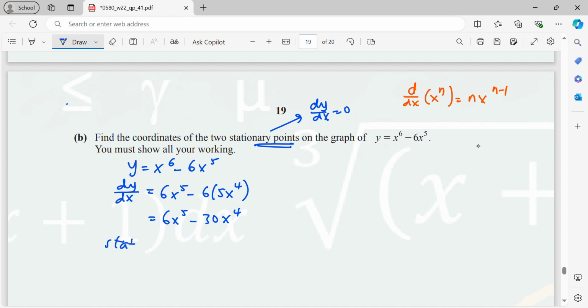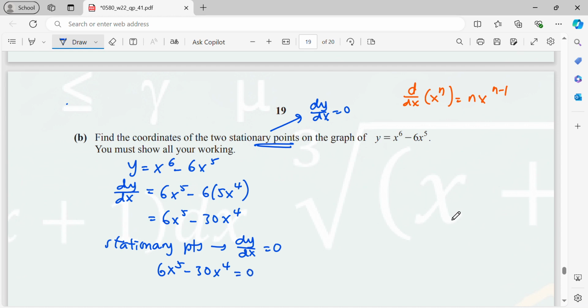Stationary point means dy/dx equals 0. So 6x^5 minus 30x^4 equals 0.